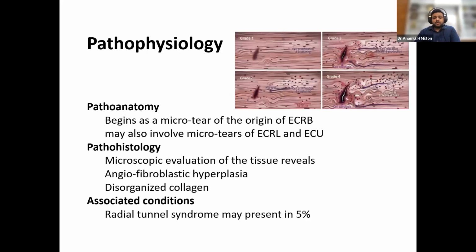In the pathophysiology, we can see micro trauma, angiofibroblast hyperplasia, and disorganized collagen. These three things are seen when we look microscopically at what happens in this area.